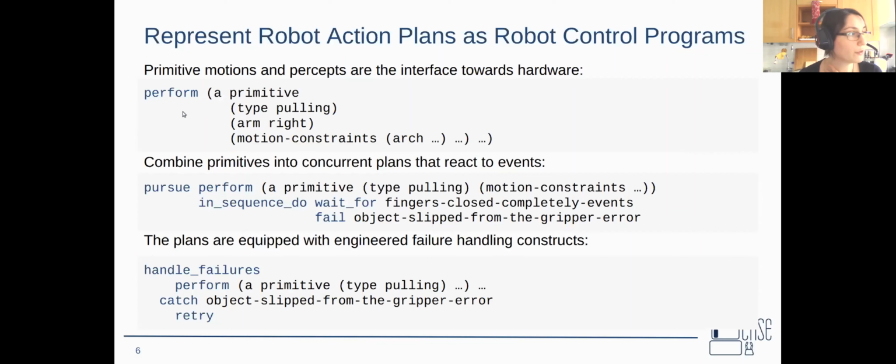We have a perform operator to which you can pass in a motion description with some constraints and so on, and then it will execute this motion on the robot. And then we have all sorts of different domain-specific language operators, which are basically wrappers around the multithreading library of the underlying programming language, which are like syntactic sugar for us to write concurrent reactive plans.